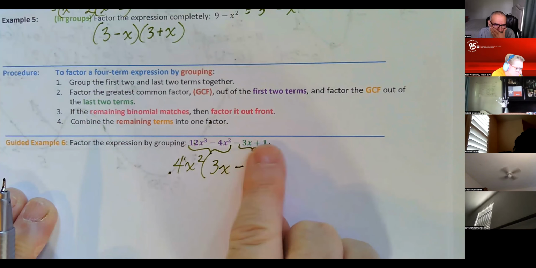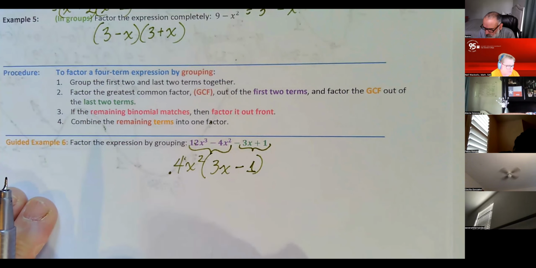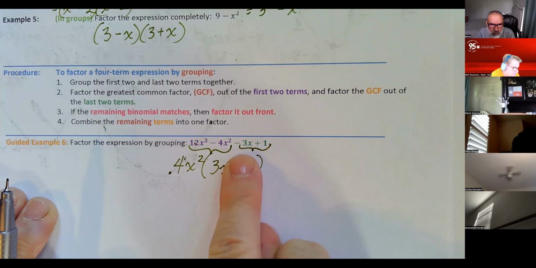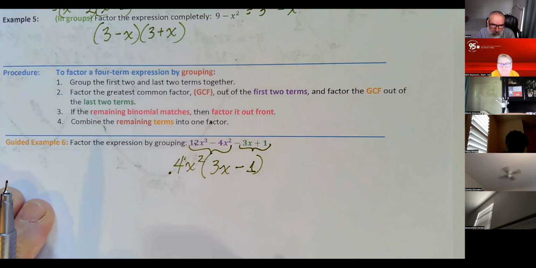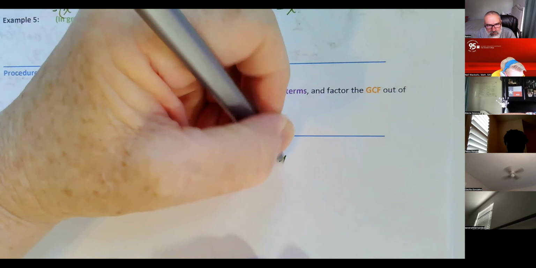With the last 2 terms, there's a negative in the front. I have to factor that out. Is anything else common between 3x and 1? Just 1. So I have to pull out a negative.